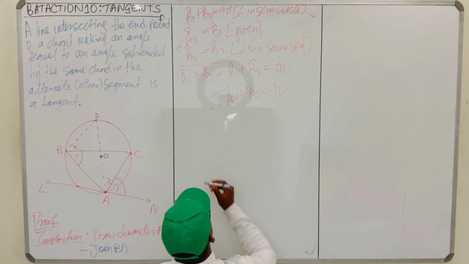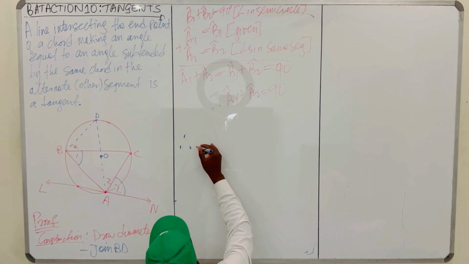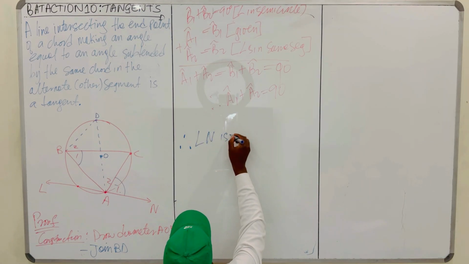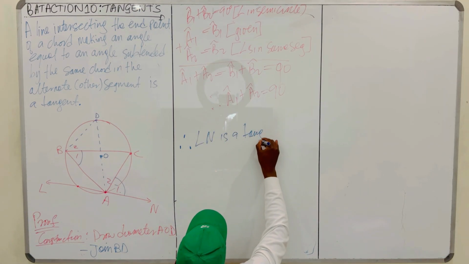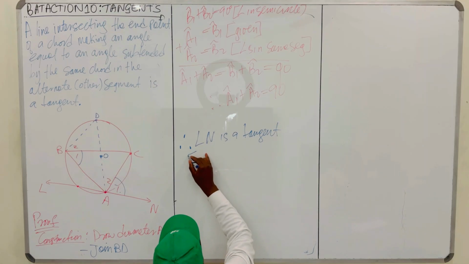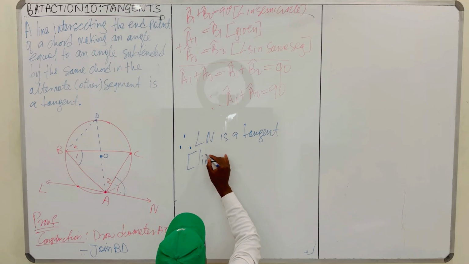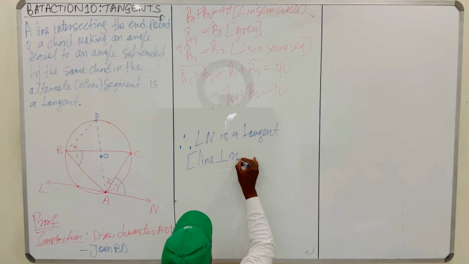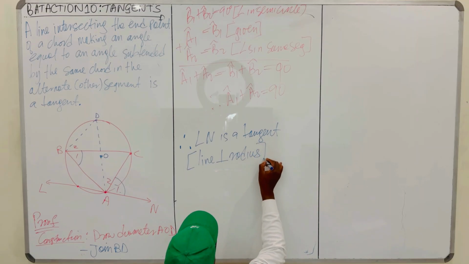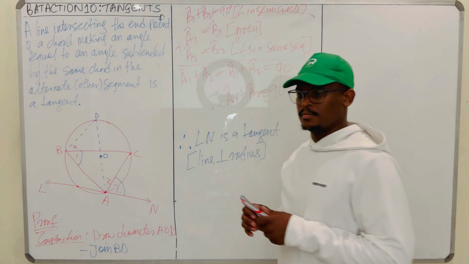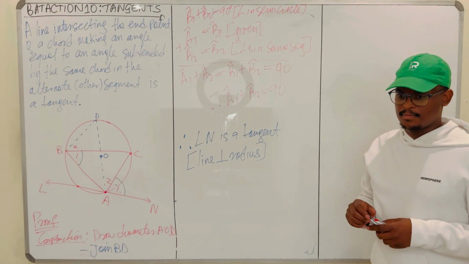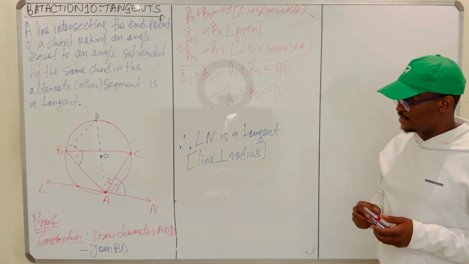Therefore, Ln is a tangent. Why? Because a line perpendicular to a radius is a tangent. Does it make sense? Yes, it does.